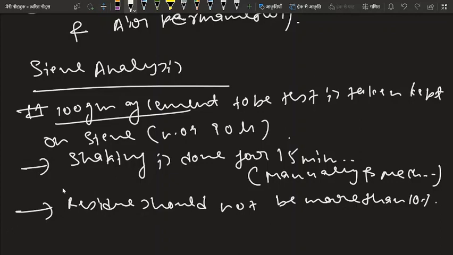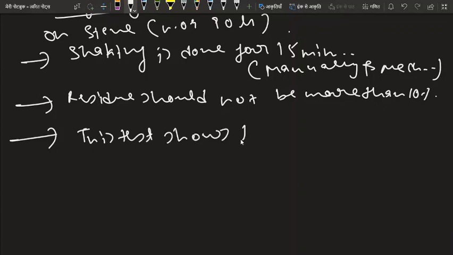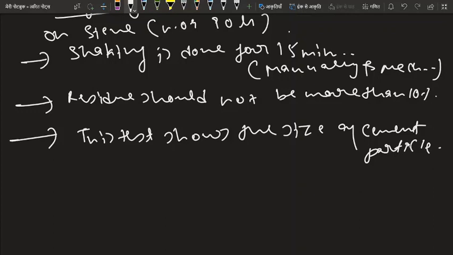Basically this test shows the size of cement particle, which is less than 90 microns.